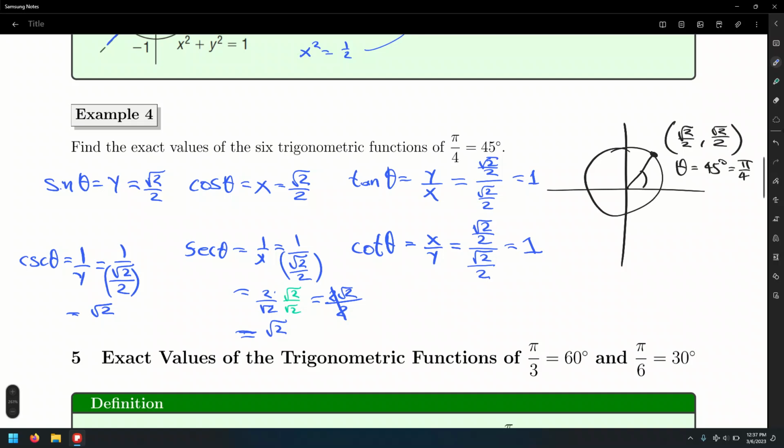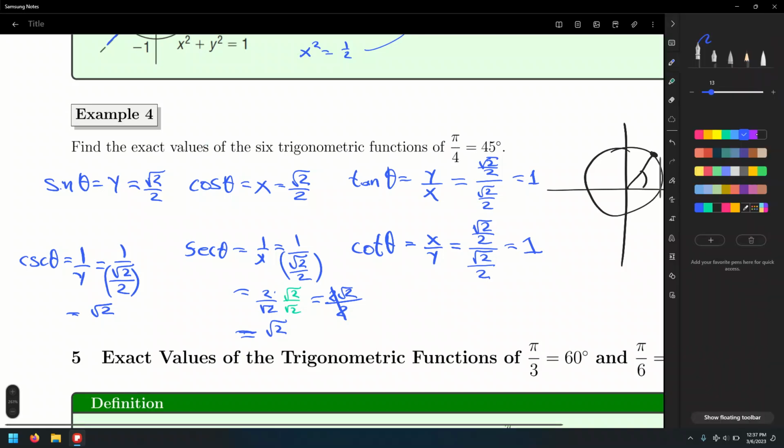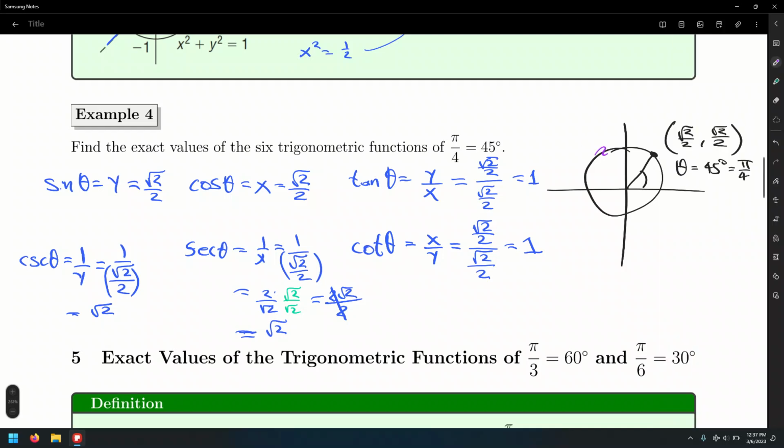Of course, we can do the same right here. Check this out. We can have a 45-degree angle in the second quadrant, but that'll be for what? Is that 3 pi over 4? Which is 135 degrees. However, this point root of 2 over 2 will be reflected about the y-axis, changing the sign of the x value to negative root of 2 over 2, root of 2 over 2.